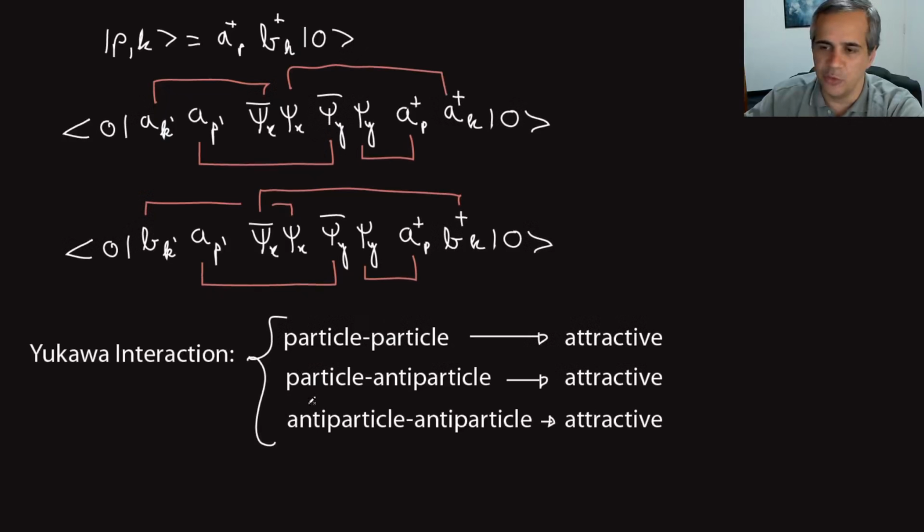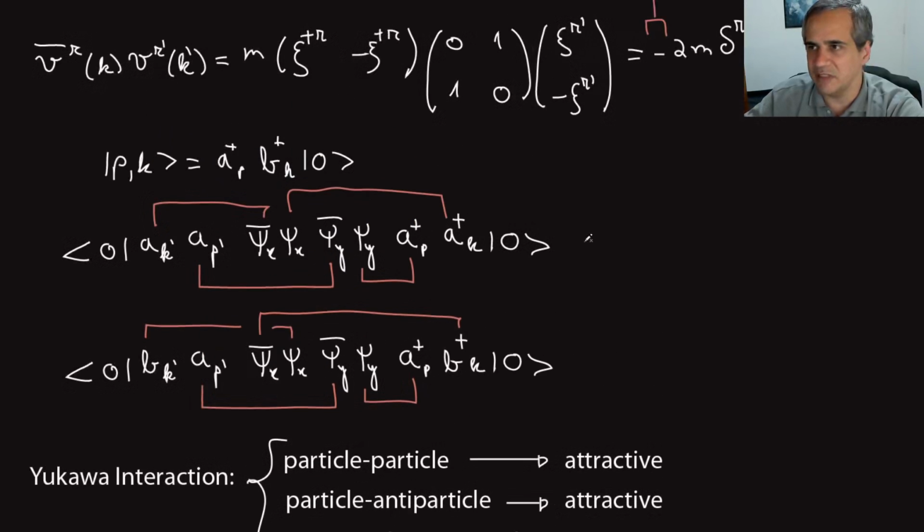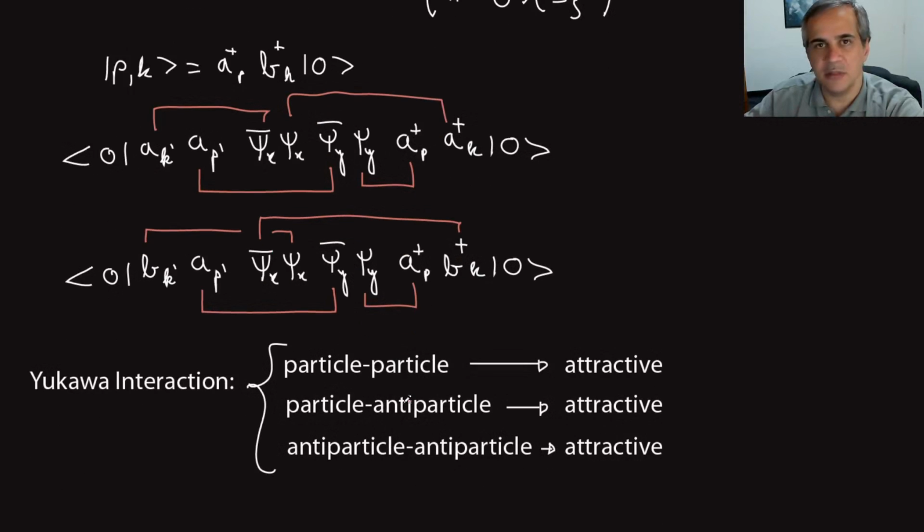So it's also true that if I do antiparticle, I will still keep the same sign, because I have this cancellation with the sign that comes from changing u into v's, with this sign that comes from the different commutation, right? So as far as the Yukawa interaction is concerned, it is always attractive.